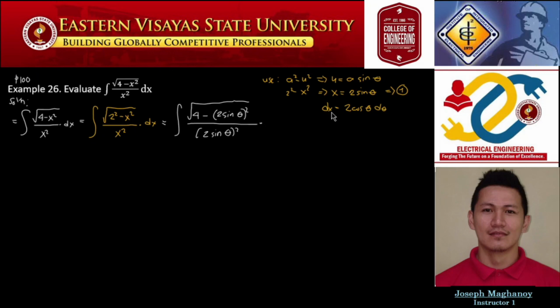And our dx, we replace with our determined value. In our previous topic, we called this the correction factor. The process is the same, but in trigonometric substitution, we introduce a trigonometric substitution equivalent to a certain difference or sum of 2 squares. So we have dx, that is 2 cosine theta d theta.